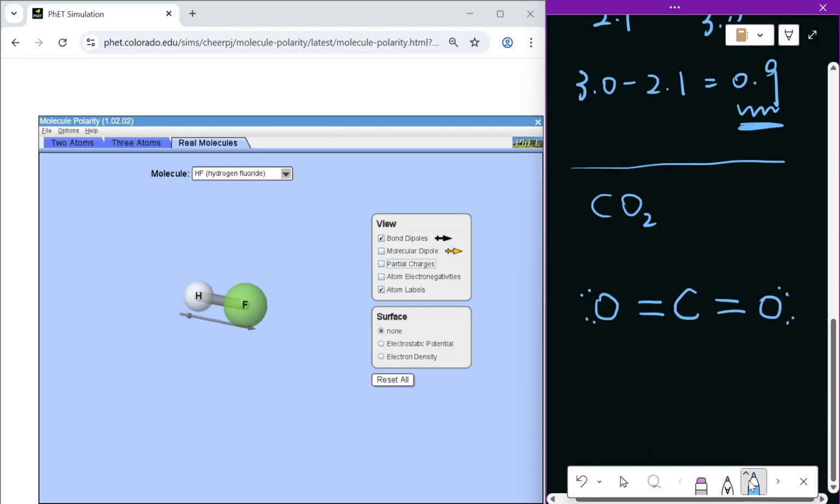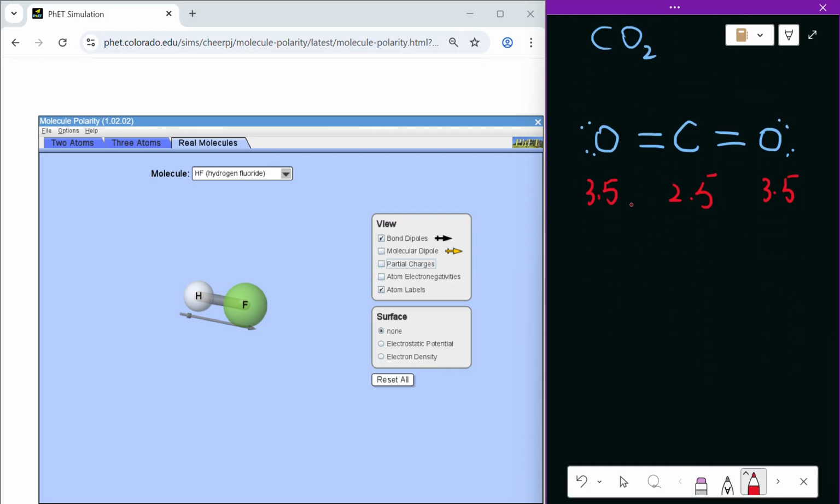So we would have 3.5 on the oxygen and 2.5 on the carbon atom. And we can find that the difference between these two electronegativities is 1.0. And the difference in electronegativities for this double bond is also 1.0, which means that this oxygen atom has a higher capacity of pulling the electrons from the carbon.